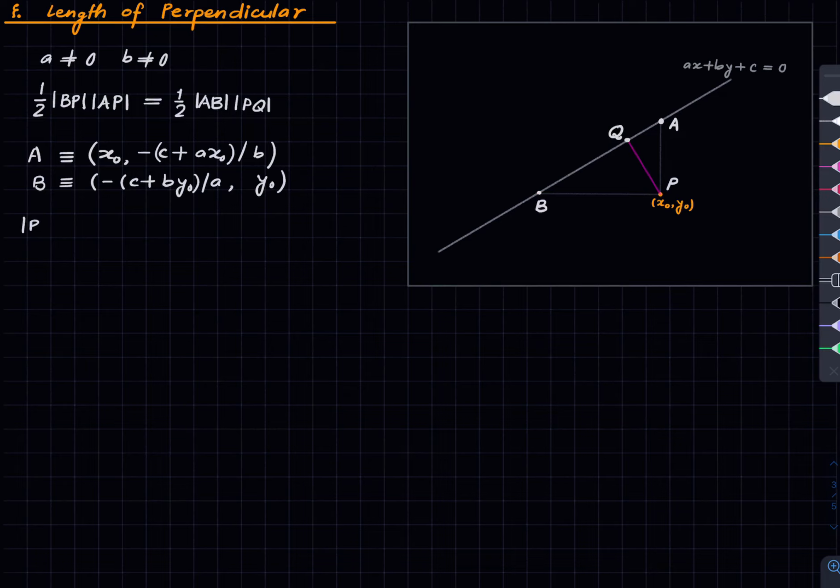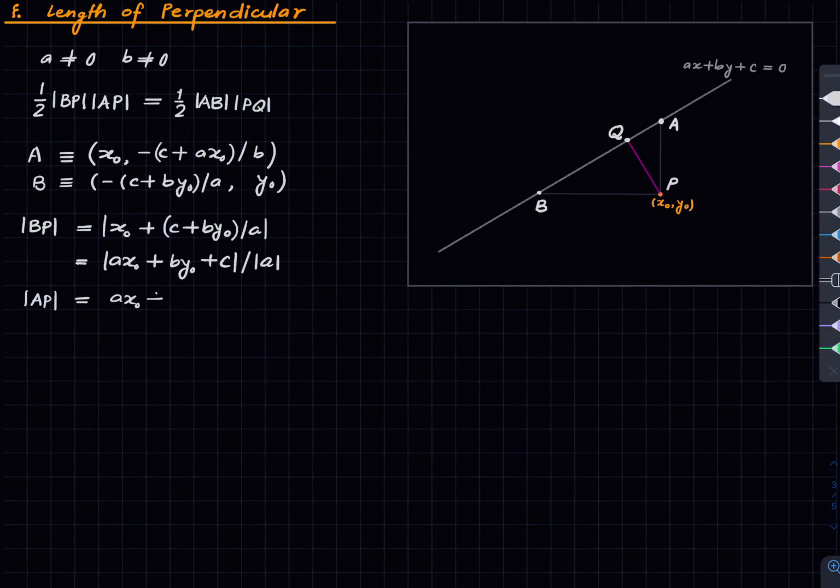So the length of BP is nothing but x naught plus that thing with the absolute value sign, which is equal to that. And what is the length of AP? So to cut the long story short, this will turn out to be that expression.